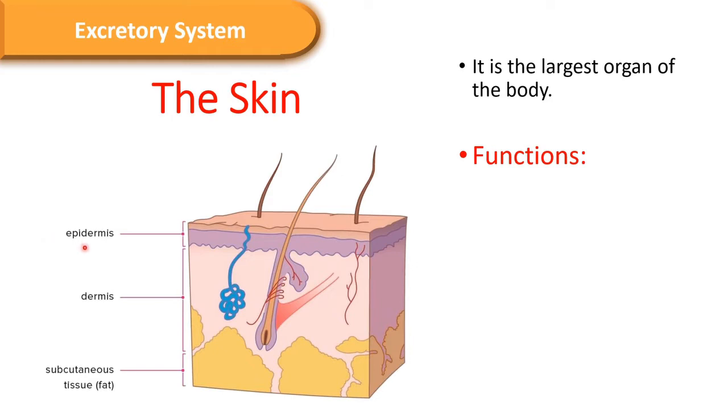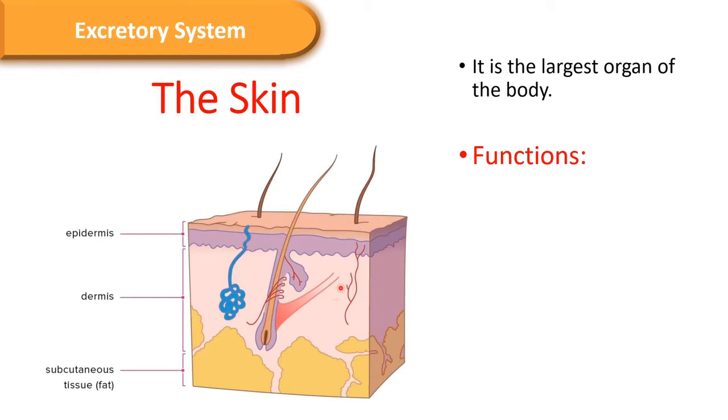Now, under it, in your dermis layer, you can find your blood vessels like your arteries, capillaries, and veins. We also have here what you call your sweat gland. The sweat gland makes your sweat, the salty water that comes out from your skin.